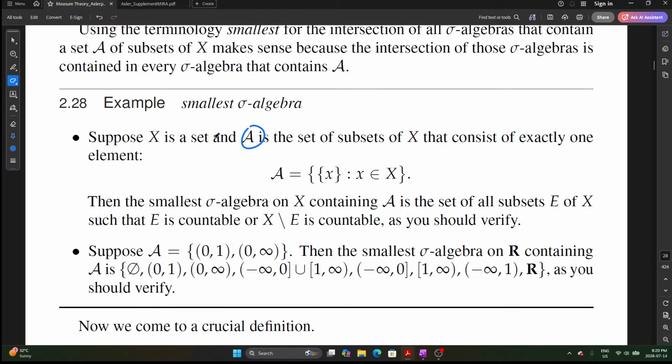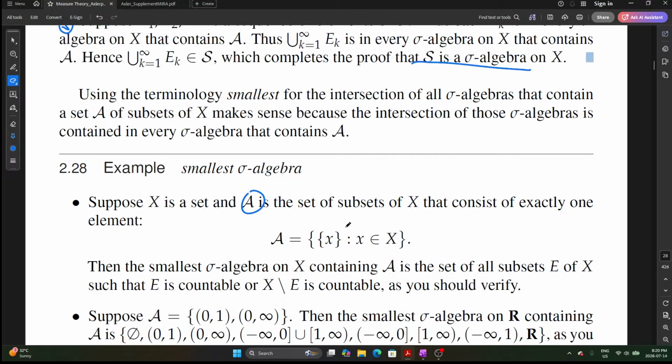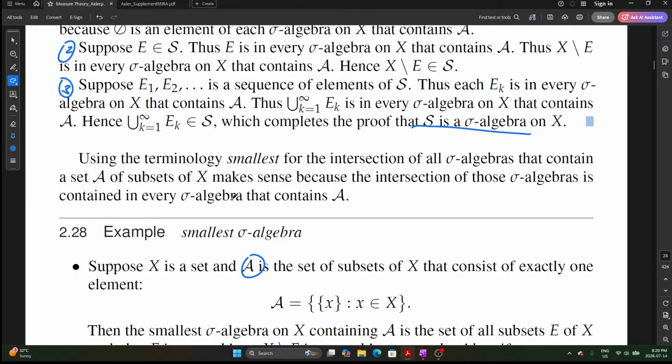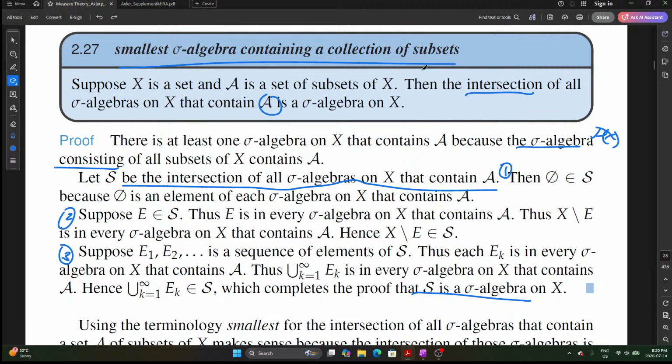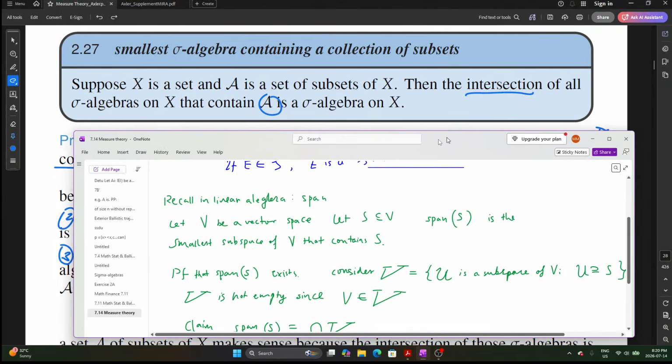In probability theory, we call it the sigma algebra generated by A. I'm going to use this terminology instead of the smallest sigma algebra containing A, because that is a long phrase. Let's write that down.